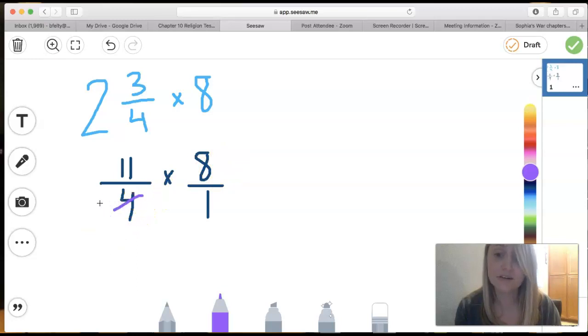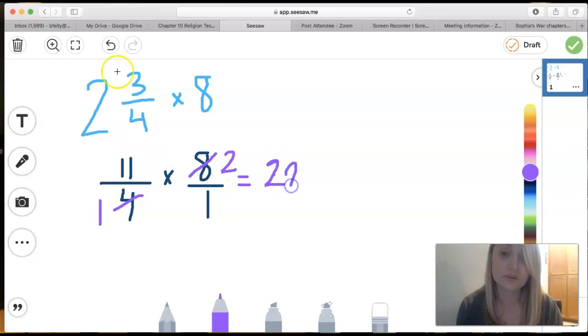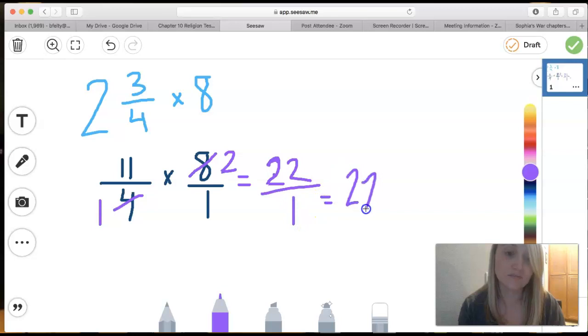So we're going to do 4 divided by 4 equals 1. 8 divided by 4 equals 2. Okay, so 11 times 2 is 22. 22 over 1, or 22.